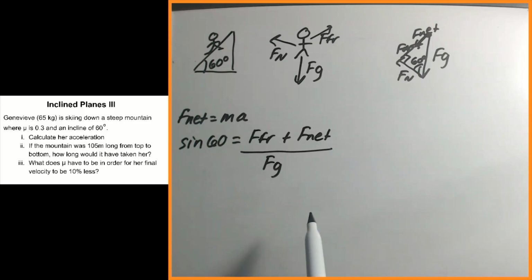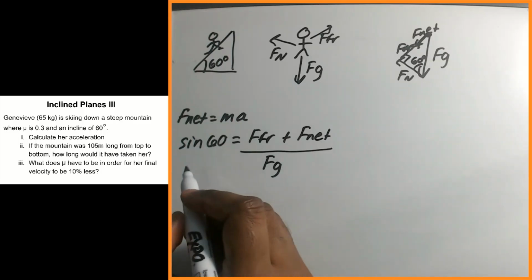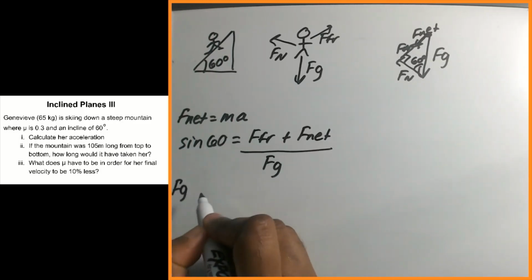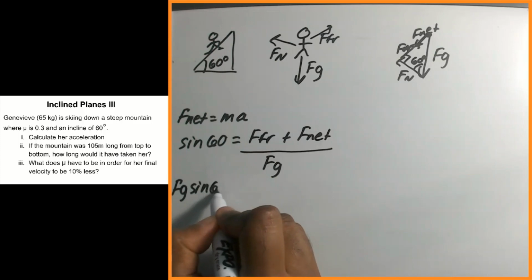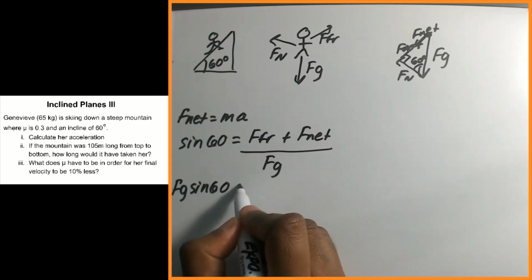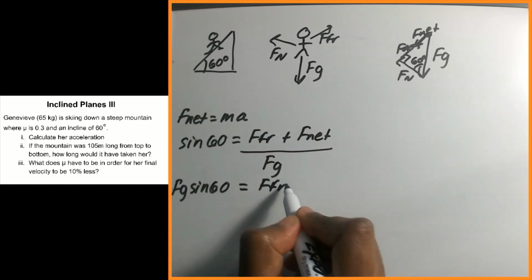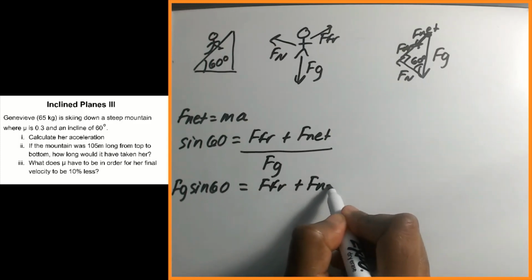Now this is just a matter of algebra, so let's go ahead and solve for F net. We can move Fg over here, so we get Fg sine 60 is equal to F friction plus F net.